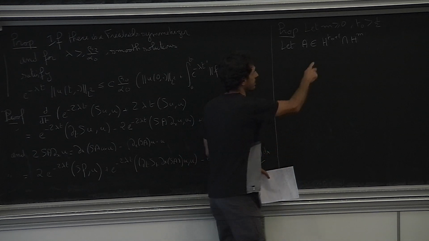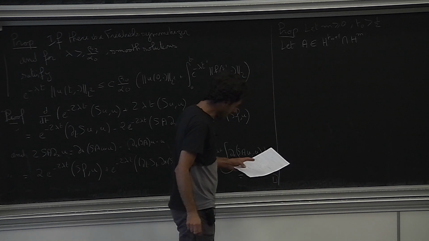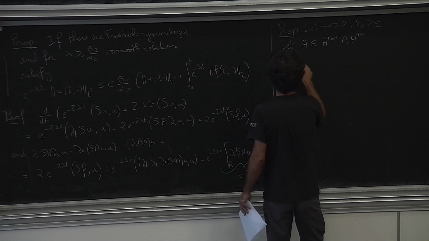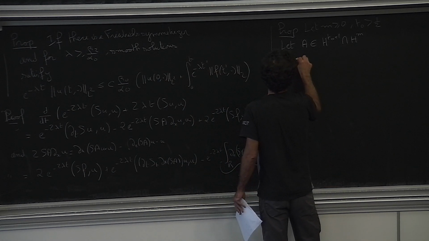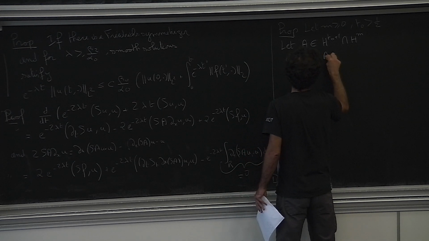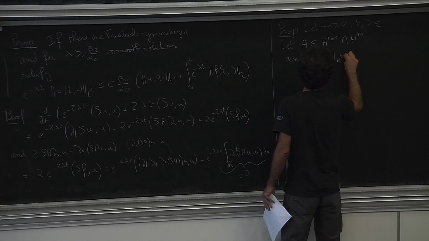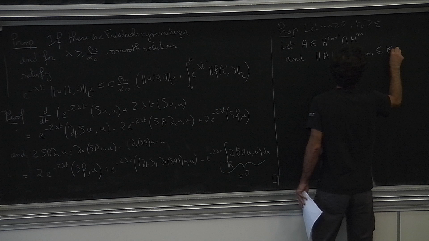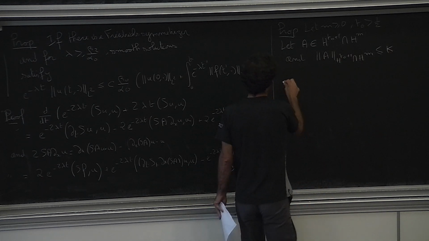Essentially, this means that it is Lipschitz. And I let the norm of A in H^(t0+1) intersect H^M be smaller than some constant K.